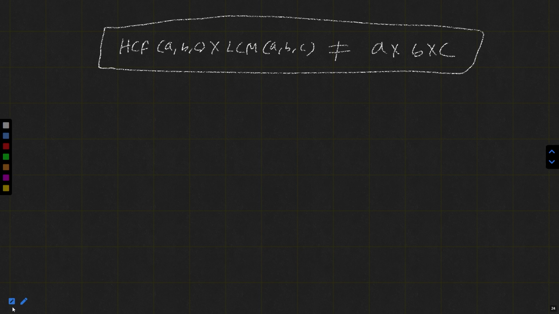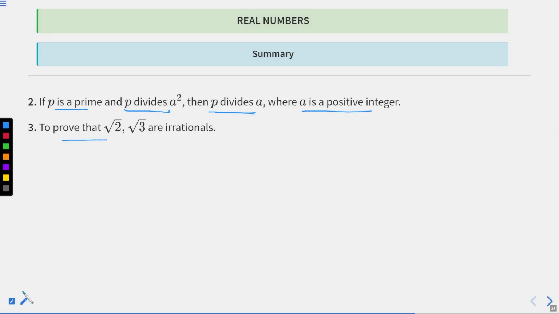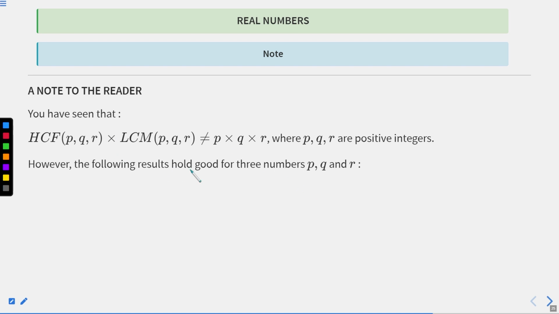We discussed this in our previous lecture, where p, q, r are positive integers.